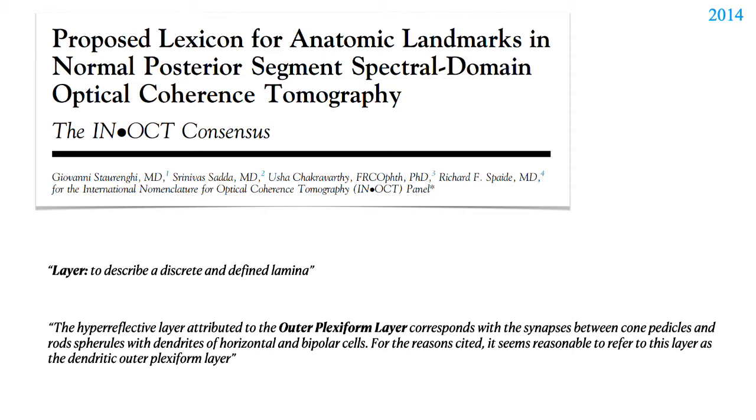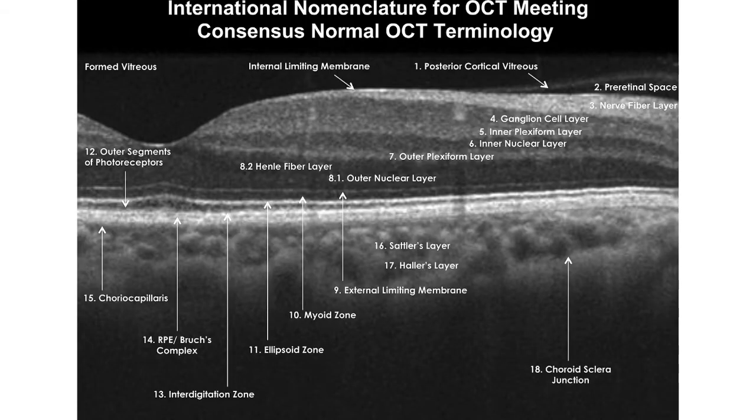So the outer plexiform layer is a hyperreflective layer, if we consider, of course, the white on black usual scan pattern that we are used to seeing, and this is just between the outer nuclear layer and the inner nuclear layer. So it's this thin layer, layer number 7. What is interesting is layer number 8.2, which is the Henle fiber layer.